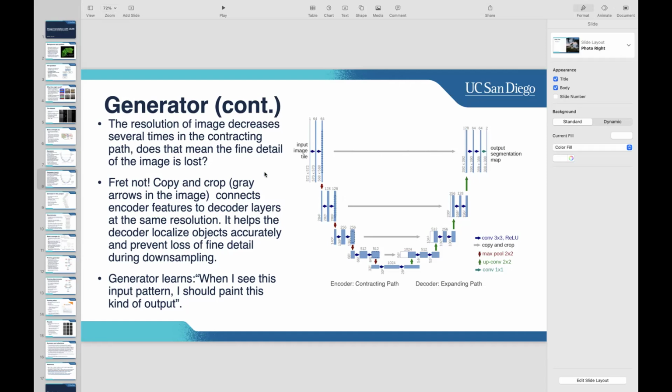They are called copy and crop. It connects encoder features to decoder layers at the same resolution. It helps the decoder localize objects accurately and prevents loss of fine detail during the downsampling. So the last word about the generator is it learns: when I see this kind of pattern, I should paint this kind of output.